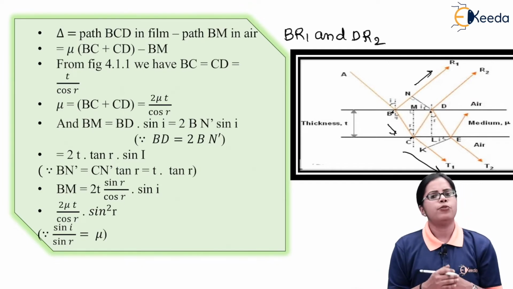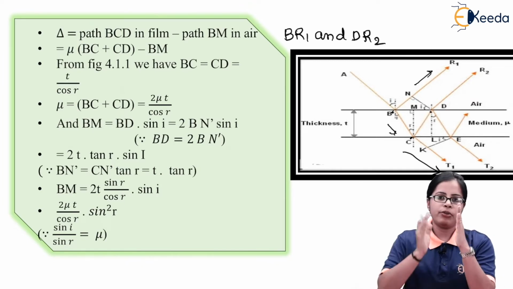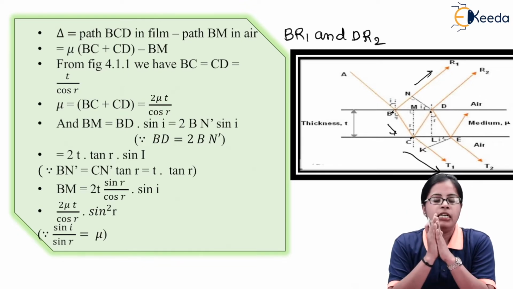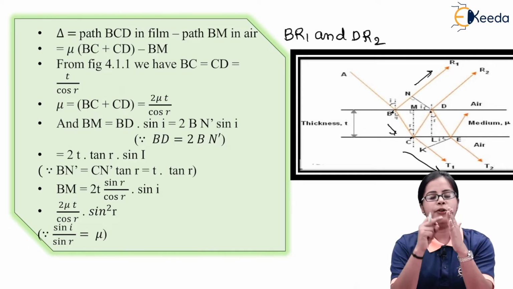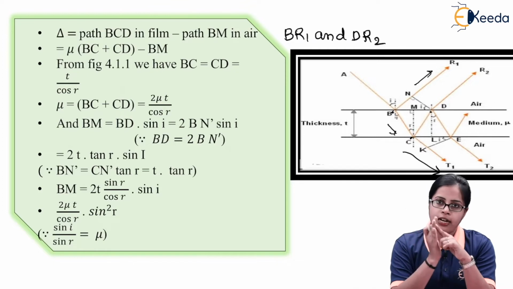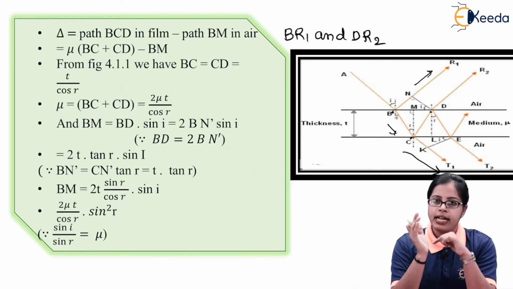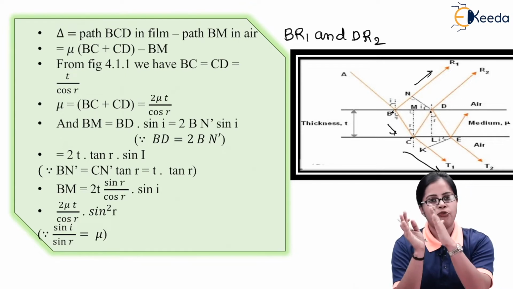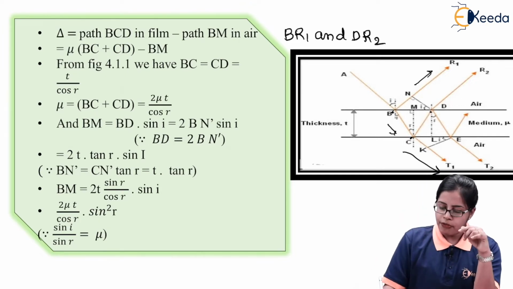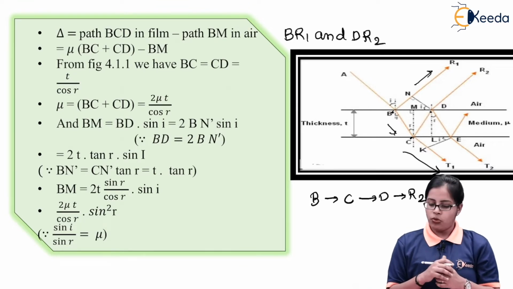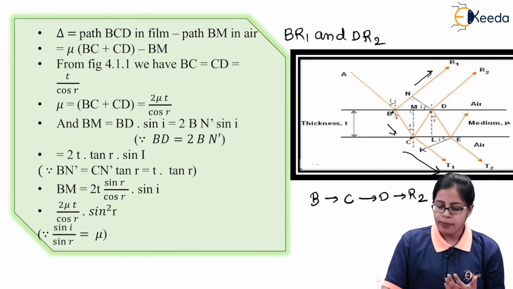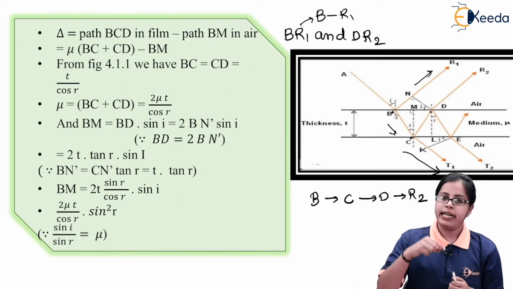So if I ask you the obvious question, in the two rays BR1 and DR2, which one has traveled a longer distance? BR1 is just traveling from B to R1, but the ray DR2 is actually coming from B. For DR2, the ray has traveled from B to C, then from C to D, and then to the point R2.